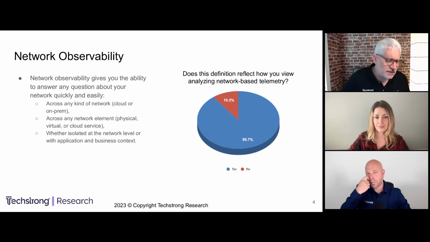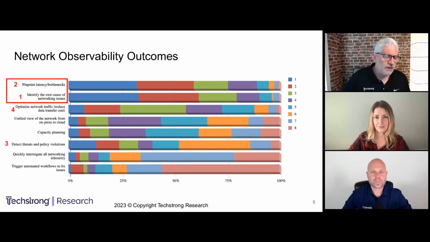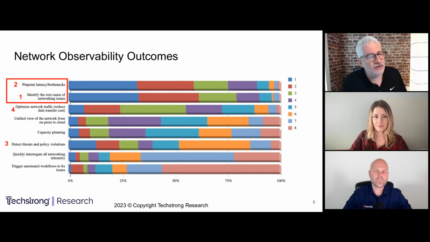But Ross, you did allude to the outcomes for what folks really want out of their observability experience. So we actually asked that question, right? We asked folks to rank a variety of potential outcomes that they would get out of observability. And interestingly enough, it was the ops perspective that prevailed here, right?